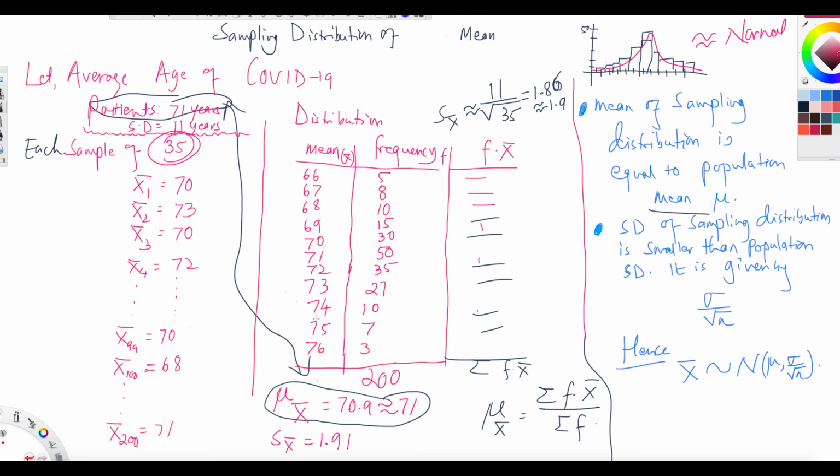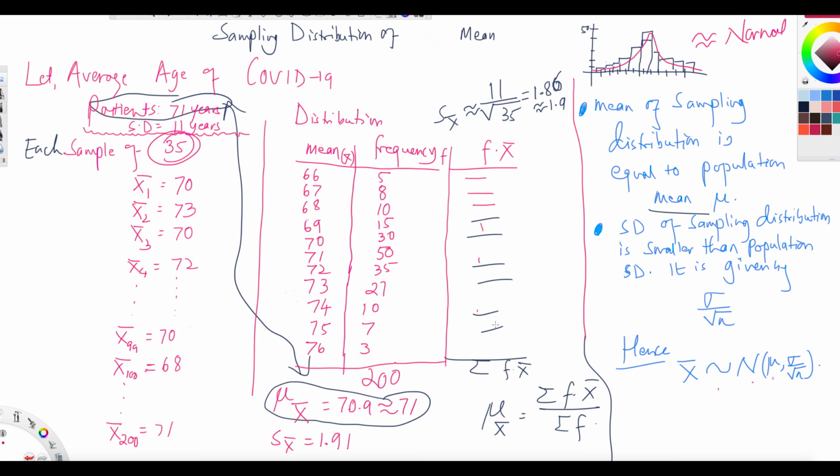The standard deviation of these sample means is almost equal to the population standard deviation divided by root n. So the distribution of x bar is approximately normal, with mean equal to mu, and the standard deviation of the sample means is equal to sigma over root n. That's what this example tells you.